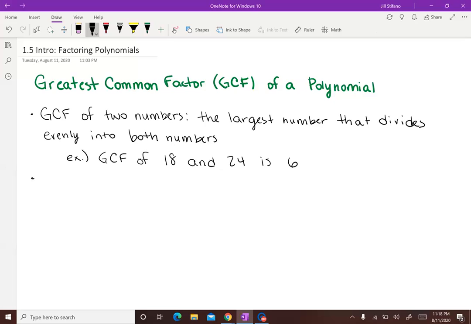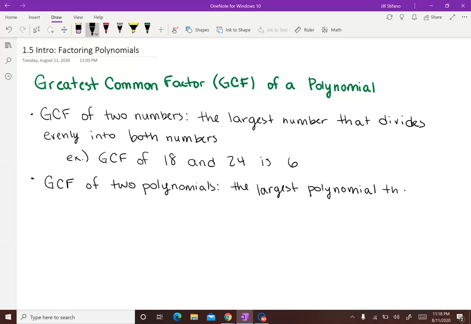Then we have a notion of the GCF of two polynomials. And it's just what you'd expect. It's the largest polynomial that divides evenly into both polynomials.